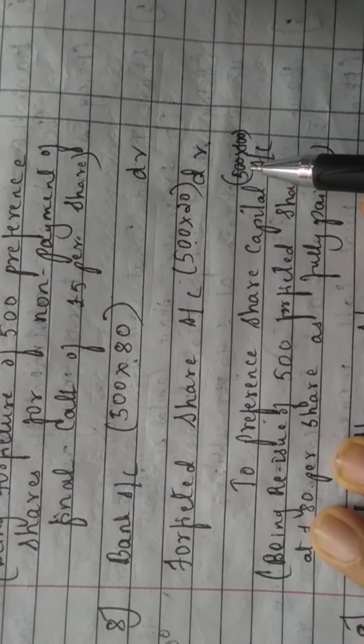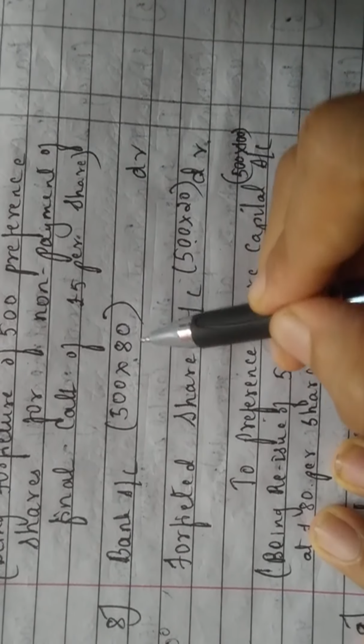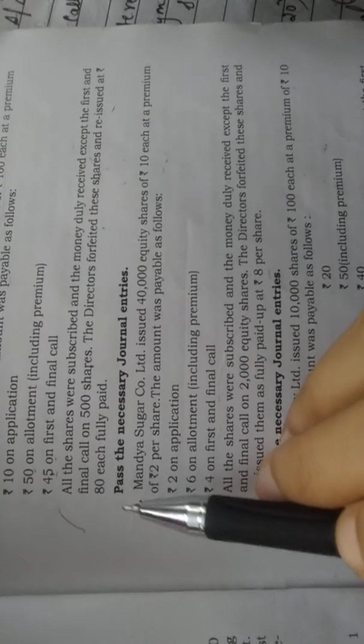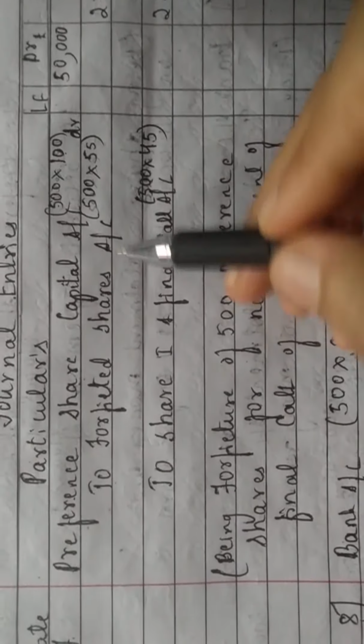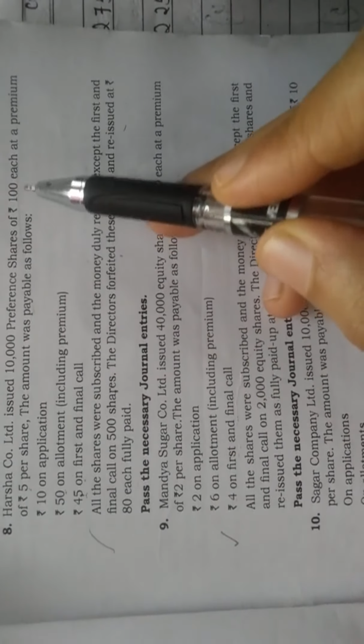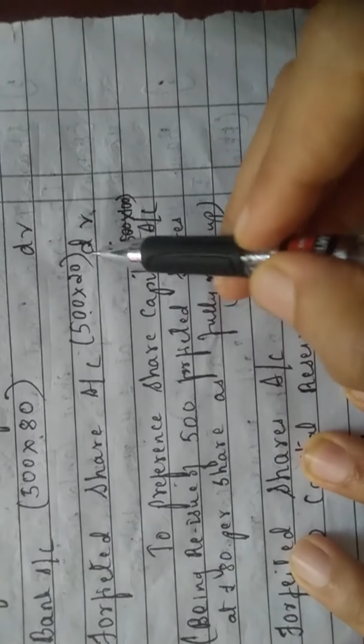So what did I do? 500 into 500 into 500 we have to write. Bank reissue rate is 80, given in the question. So I have written 80 here. Share capital rate is always 100, this does not change. It is given in the first sentence. So 100 minus 80 is 20.